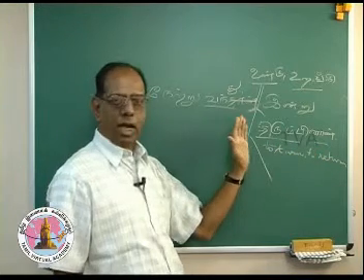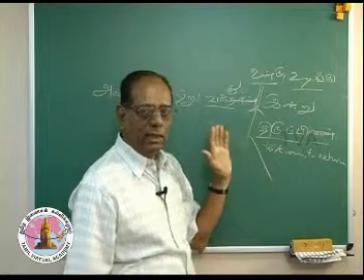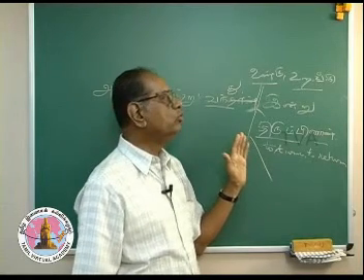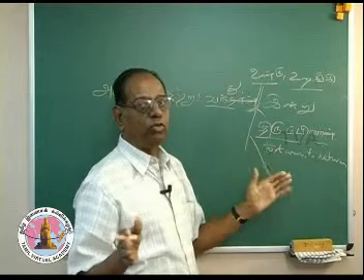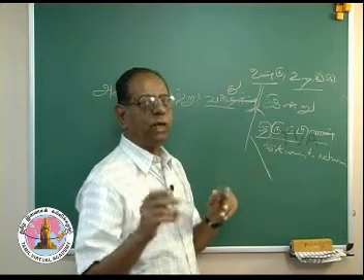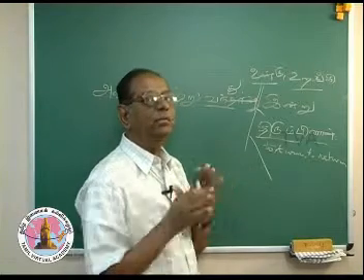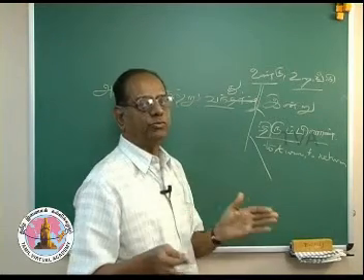So you can have any number of actions, any number of verbs introduced in between these two. This is one. Any number of verbs can be put in between these two verbs.